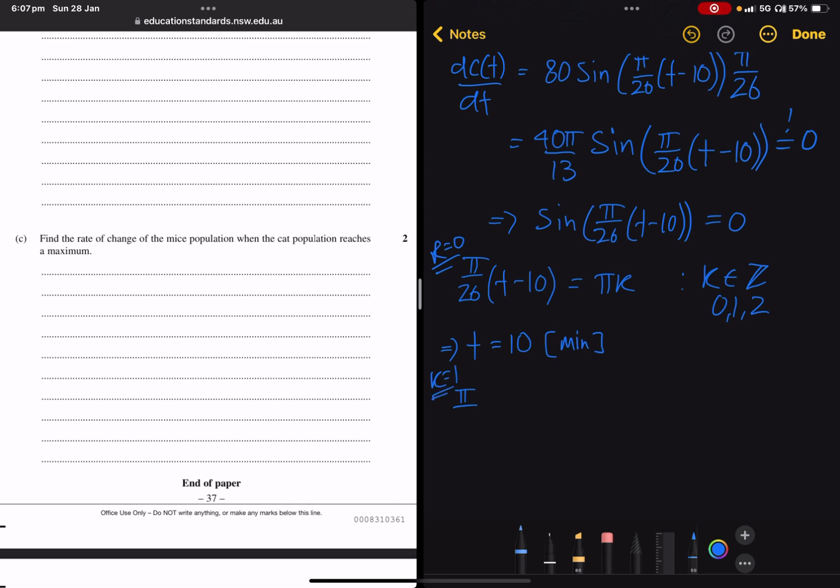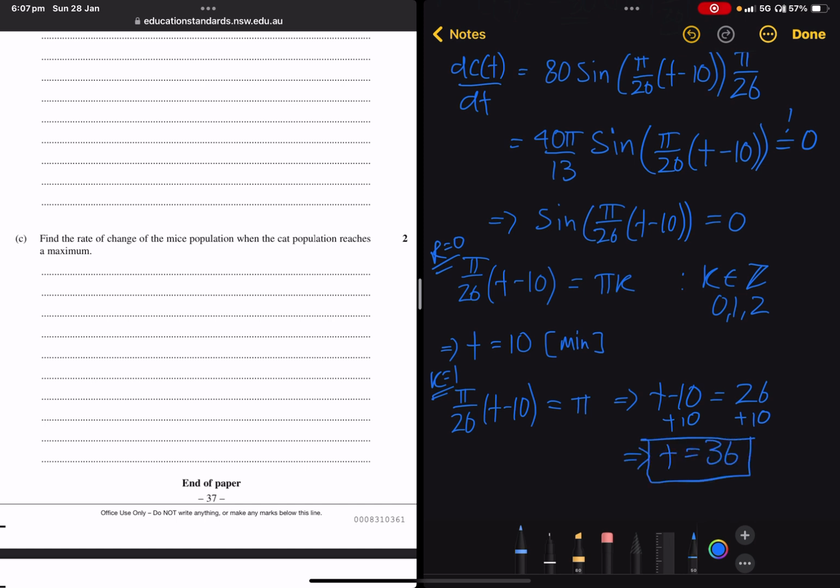So we have pi on 26 times (t minus 10) is equal to pi. Multiply both by 26, divide both by pi. We get t minus 10 is equal to 26. Add 10 to both sides. This gives us t is 36.